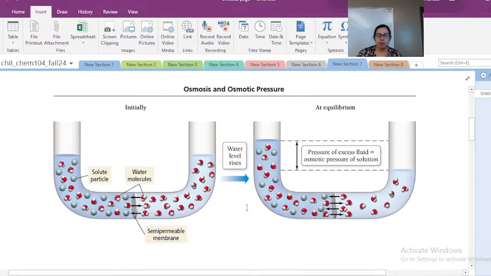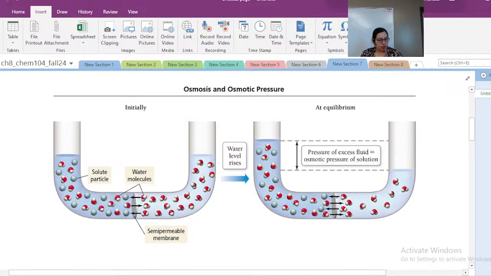Looking at this little diagram, they're showing us all these water molecules. On the right side, there's only water molecules. And then on the left side, there's the addition of these solute particles being dissolved.